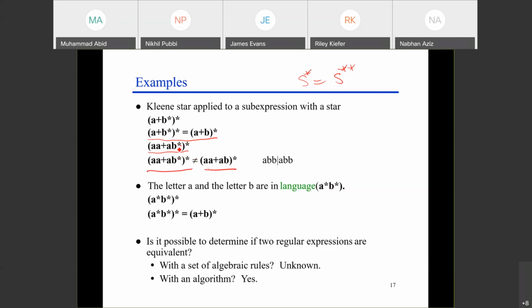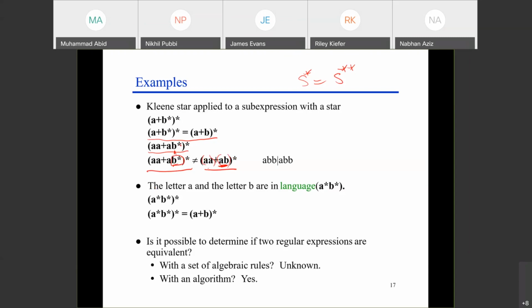This star means that you will get lambda from this b, but here this b does not have a star independently; it will consider ab as one term. So this star applies on both terms here, or individually here, so you might just get a from here, because of b star you will get lambda. So this is different from this one, and they are not equal.